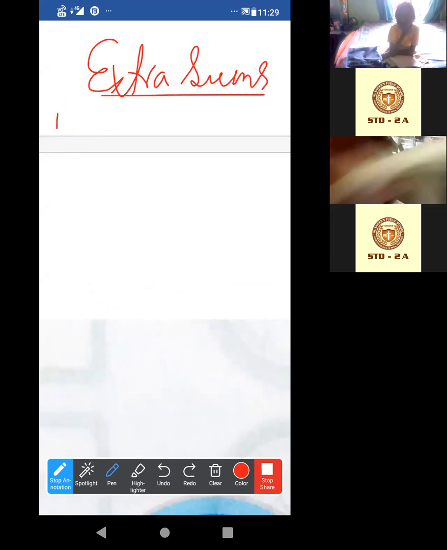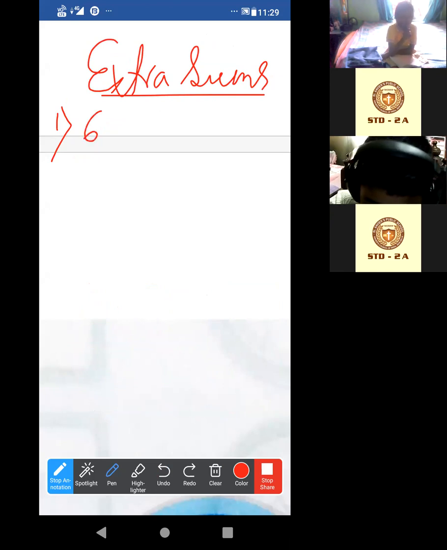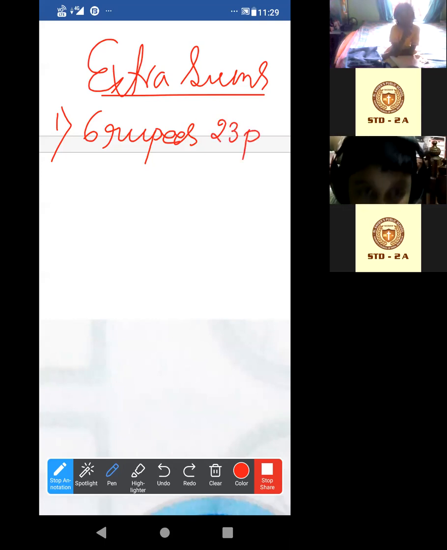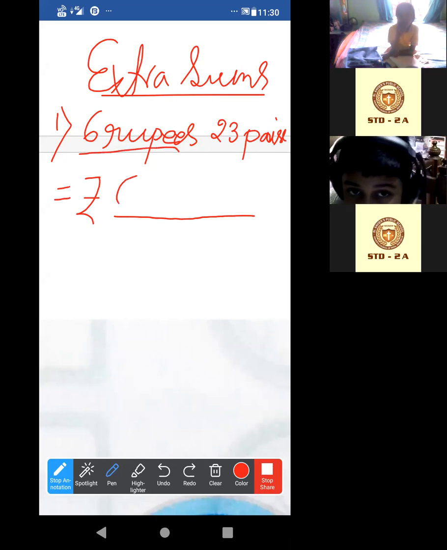Look, you have given the heading to extra sums. Now the first one, how to combine? Look, 6 rupees, 23 paise. Now we'll have to combine them. Is equal to rupees. These are important for your exam also. Be careful. Don't make any mistake. We will have to just combine. 6 rupees is there, so put 6 first.